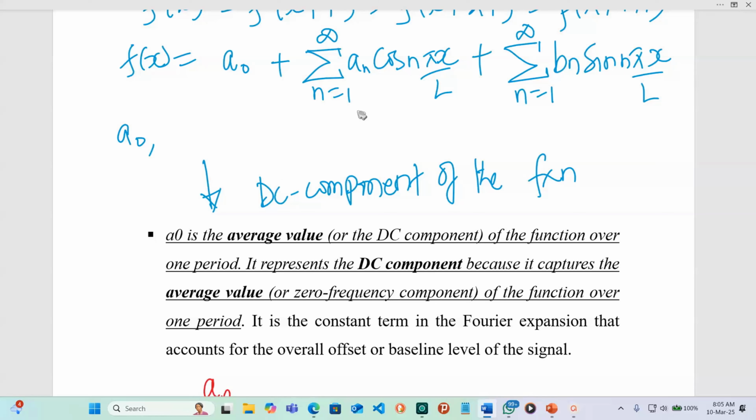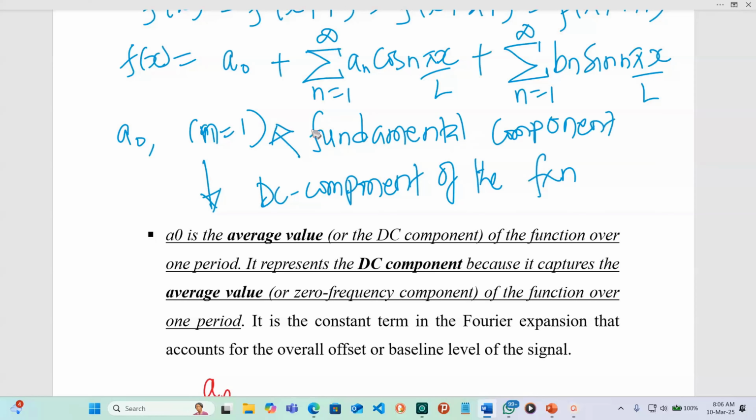Whatever has n equals 1, this is what we actually call the fundamental component of the harmonics of that Fourier series. So in the future, if they ask you what is the fundamental component, you just take that component that has n equals 1.